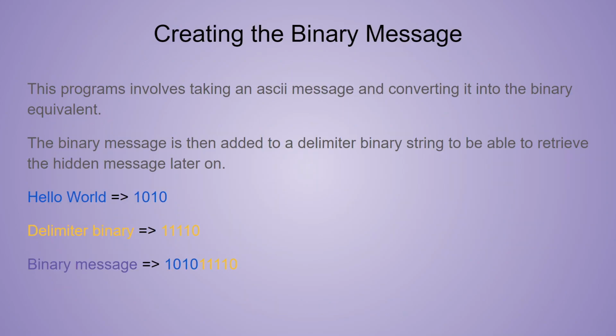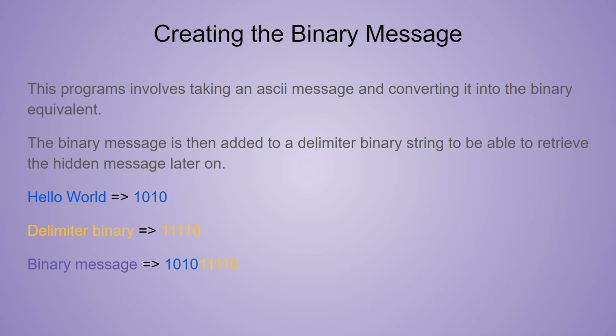So now that we've covered how the image is altered when we store this message, it's important that we discuss how the message is created and then stored in there. Part of what my program does is ask you to enter an ASCII message, and then it converts it into the binary equivalent.